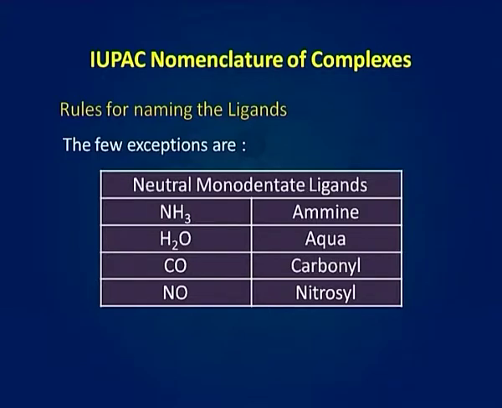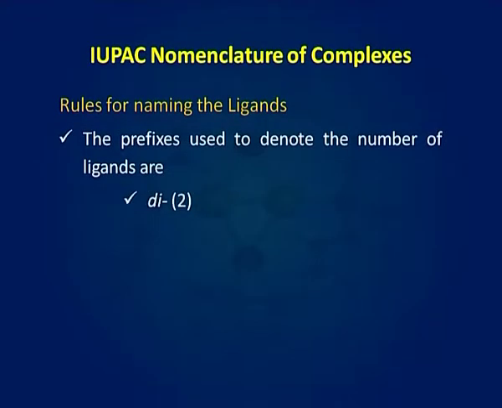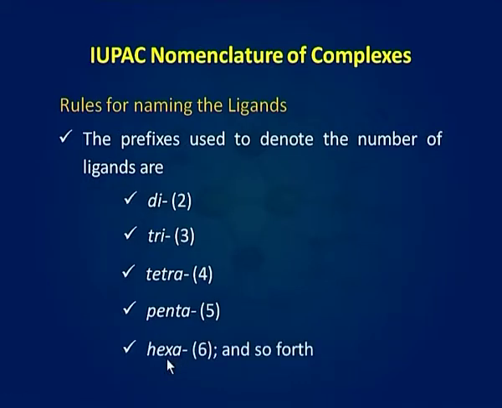Polydentate ligands follow the same rules for anions and neutral molecules. The prefixes used to denote the number of ligands are di for 2, tri for 3, tetra for 4, penta for 5, hexa for 6 and so forth.